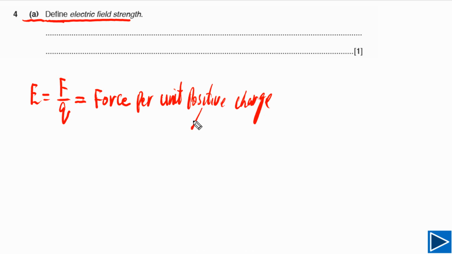Now the question is why we need to mention positive charge, not negative charge. Because electric field lines tell us the direction of force on positive charge.